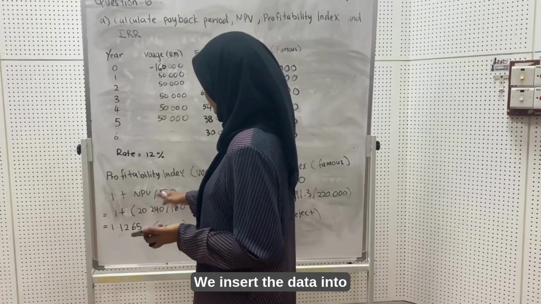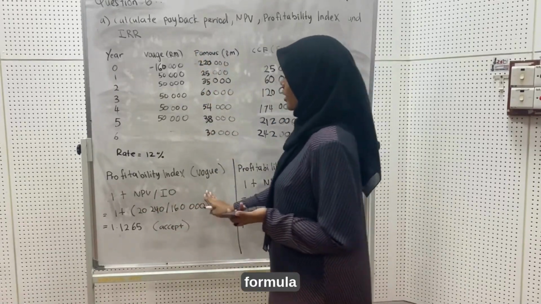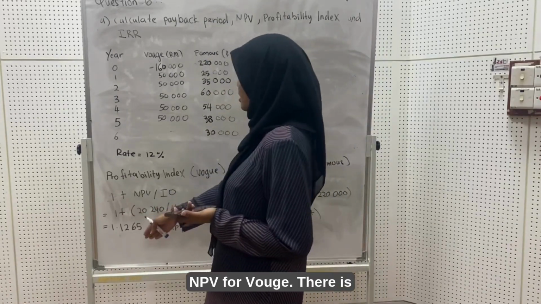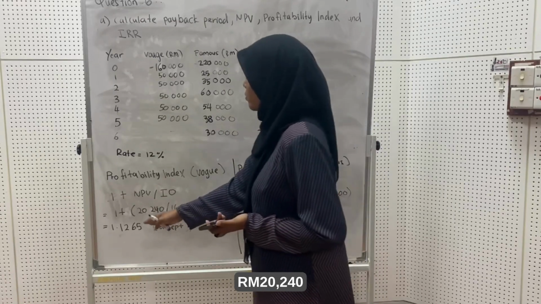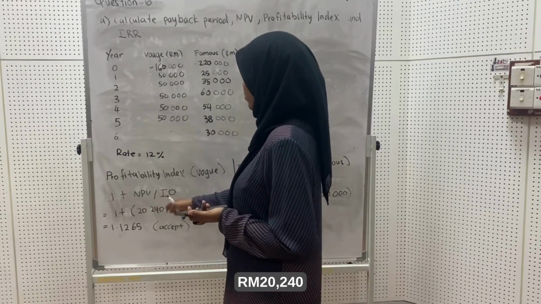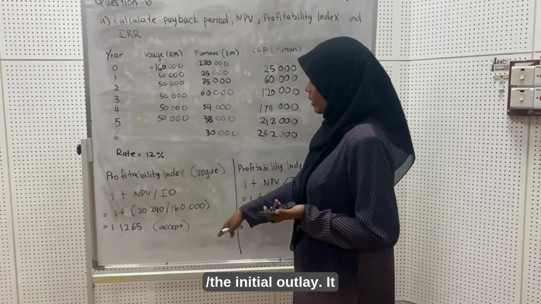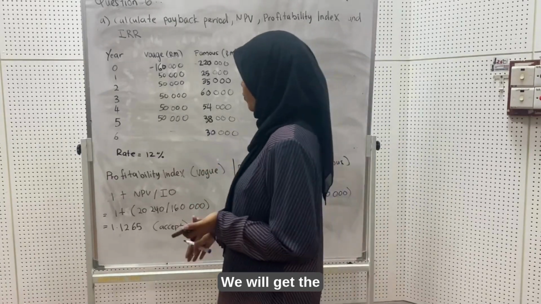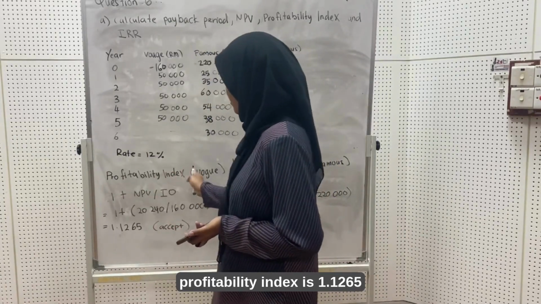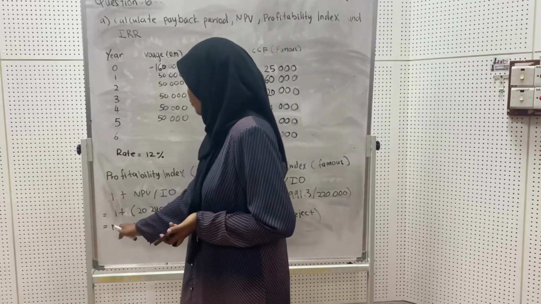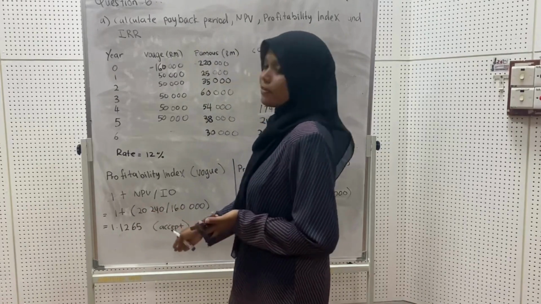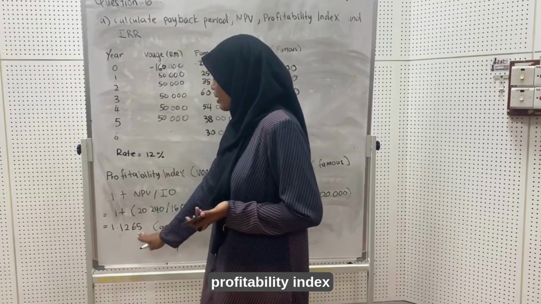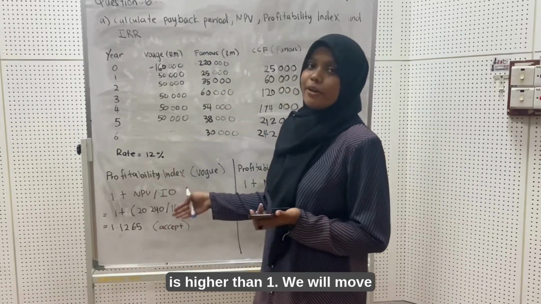So we insert the data into the formula, and we will get 1 plus the NPV for the book, that is 20,240, divided by the initial outlay, that is 160,000, and we will get the profitability index for the book, that is 1.1265. So we will accept this because the profitability index is higher than 1.